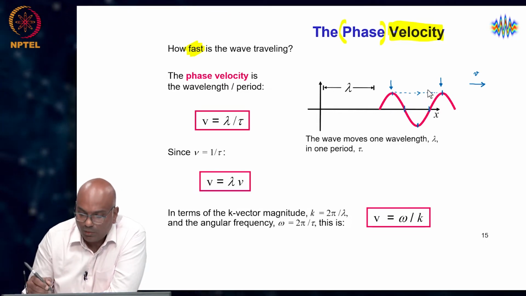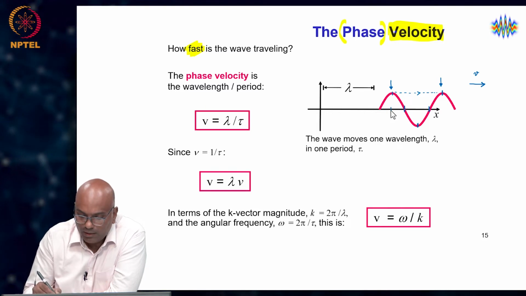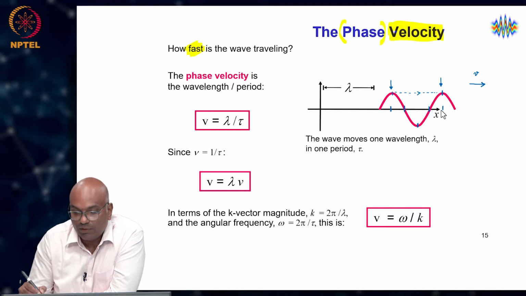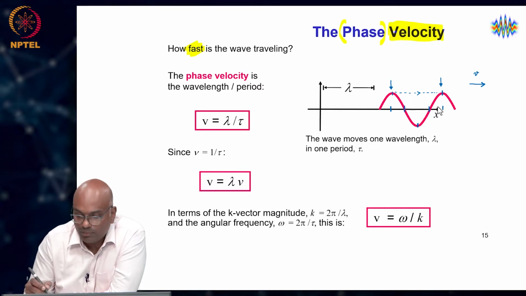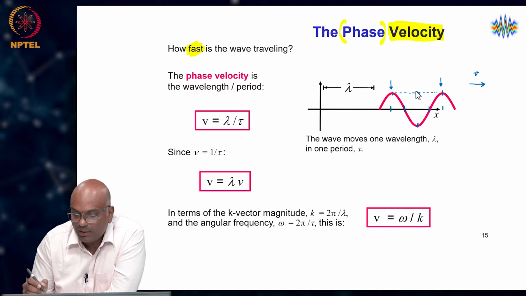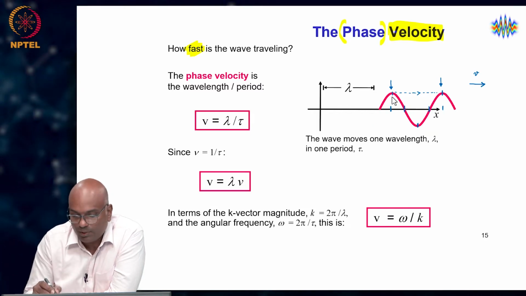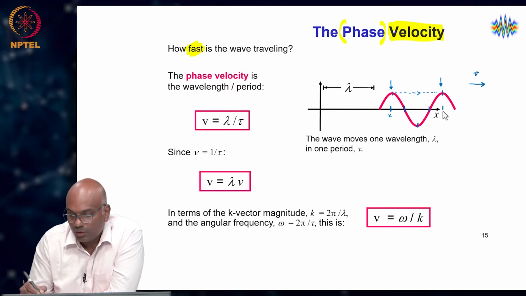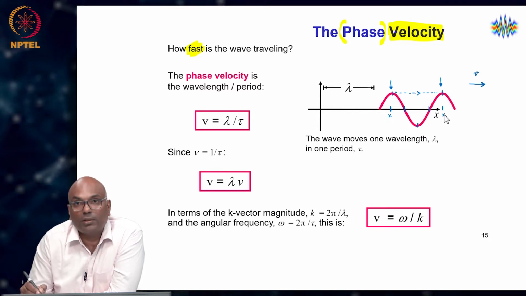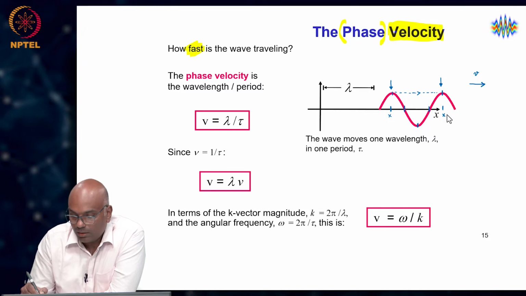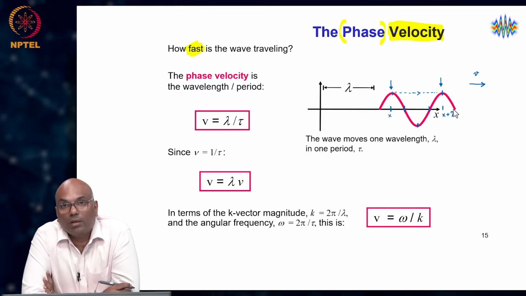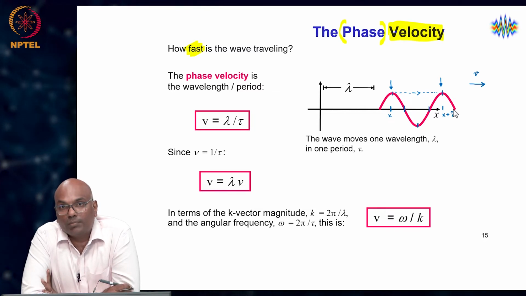Now, we can ask the question, that is, in what time did a point of a given phase, say a maximum, travel from a point x to a point with a spatial variable value of x plus lambda, right.